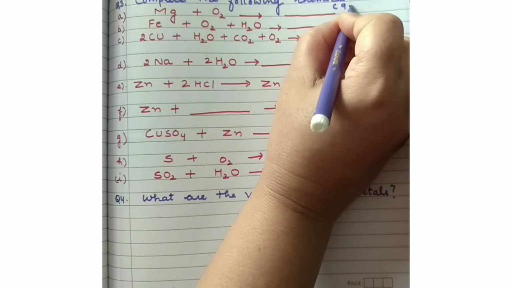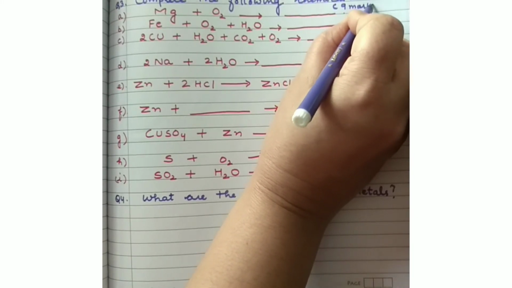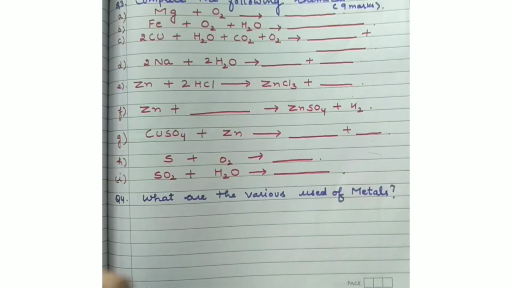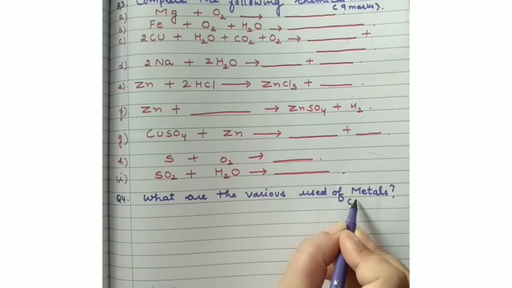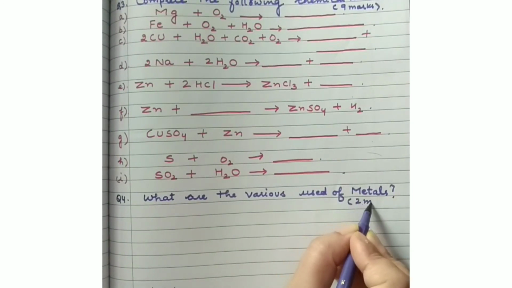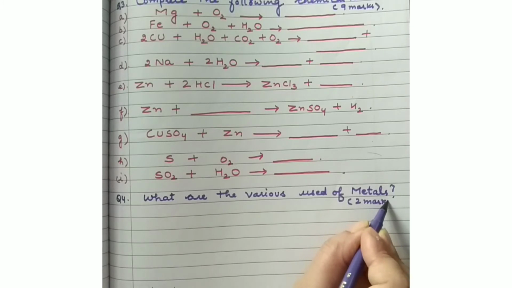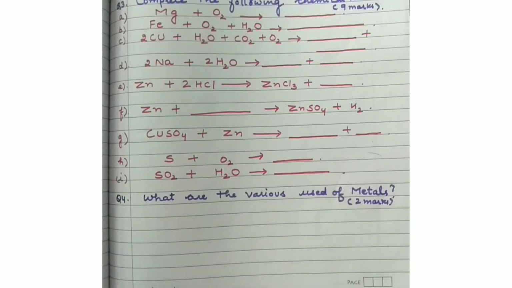Question number 3 is of 9 marks because it consists of 9 parts, A to I. What are the various uses of metals? This is of 2 marks.